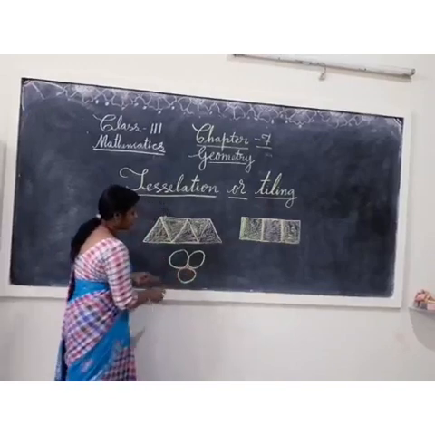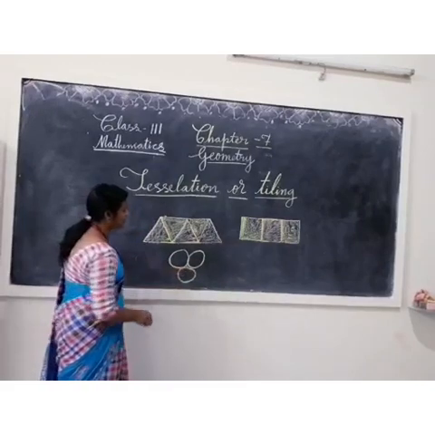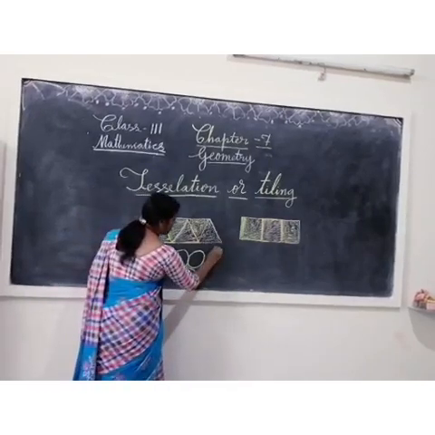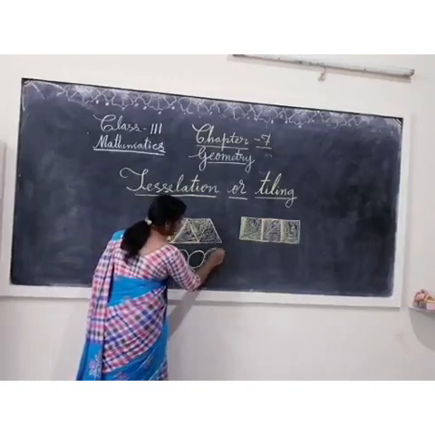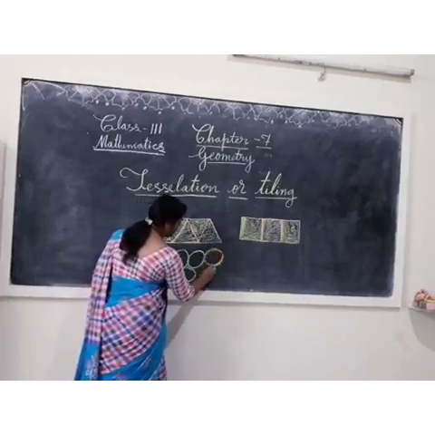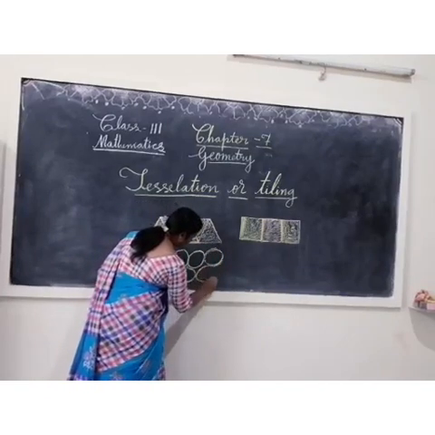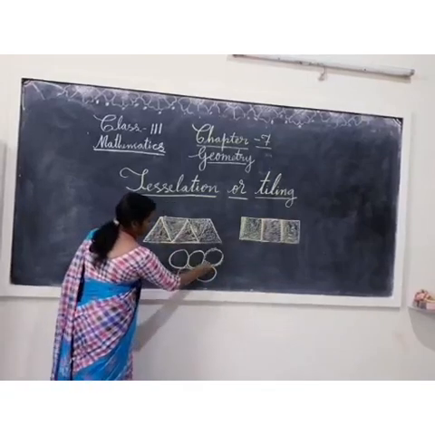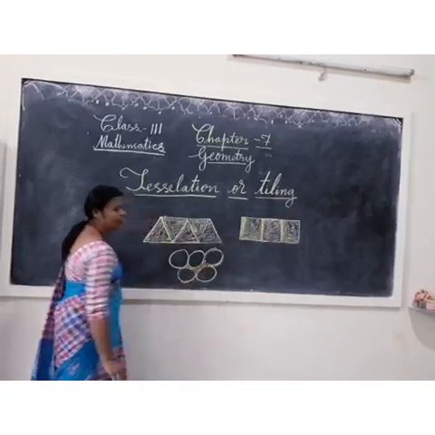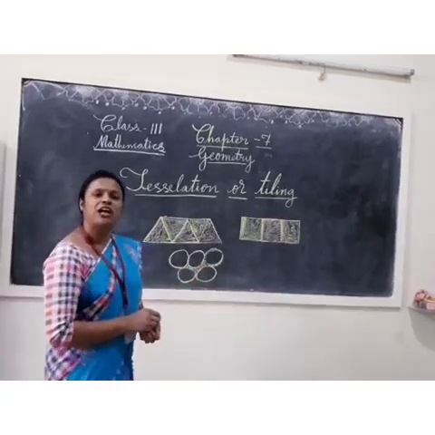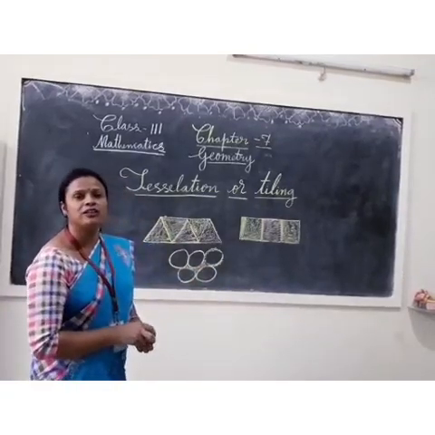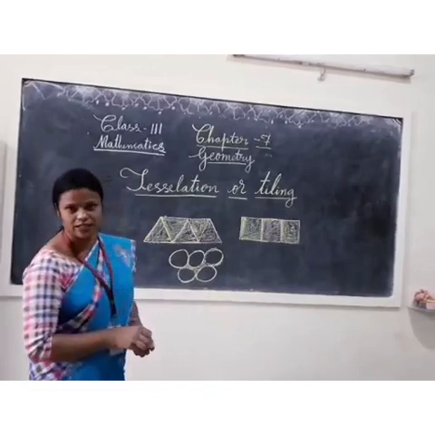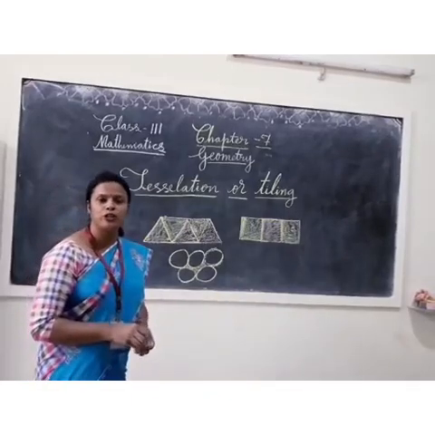You see, here there is gapping, and when we attach another circle here, there will again be a gap. So we can say that with the shape circle, we cannot make a tessellation. I hope you understood this.